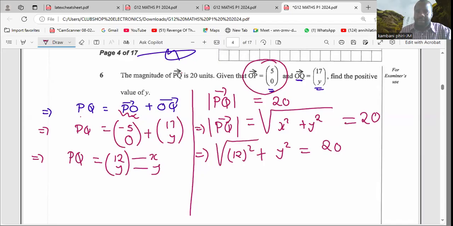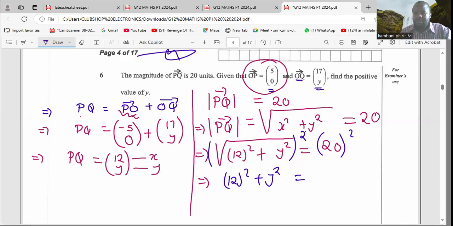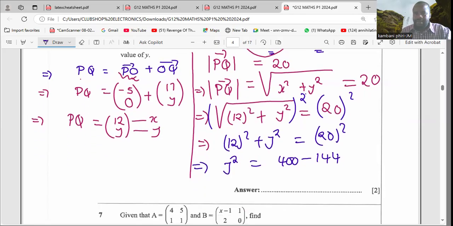But there is a square root here. To get rid of the square root, you raise both sides to power 2. So the power 2 and the square root will cancel. So we have 12 squared plus y squared is equal to 20 squared. So y squared is equal to 20 squared, which is 400, minus 12 squared, which is 144.